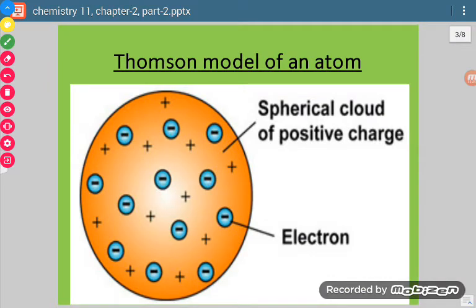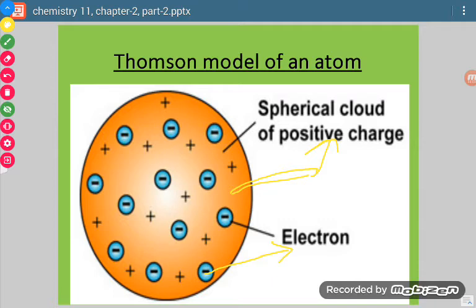Now you can see this diagram which represents Thomson's model of an atom. In this diagram, this brown colored portion represents positive charge, spread throughout the sphere, and these blue colored ones represent electrons.